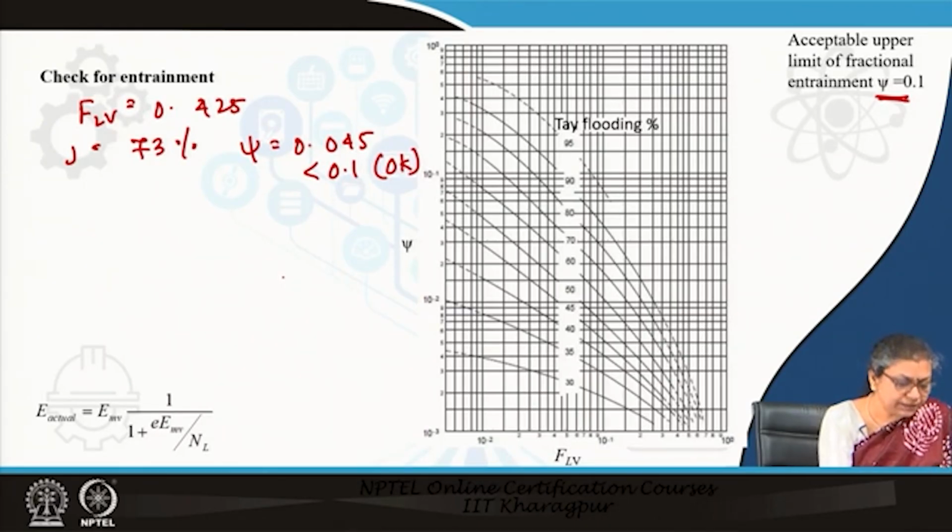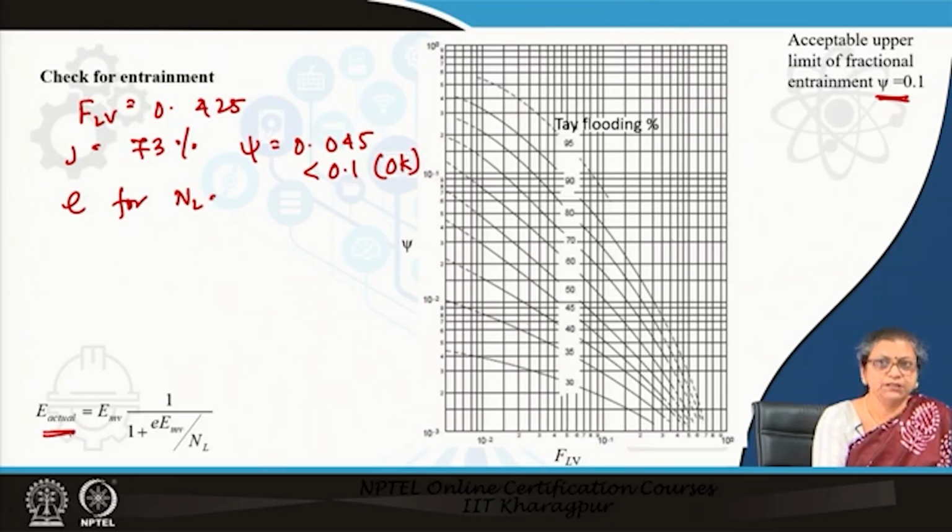Just as additional information, we would like to find out what is the total amount entrained, that means the total amount entrained for say NL equals the moles of the liquid. Roughly you can find out the total amount entrained, and then you can find out by how much the Murphy tray efficiency has been influenced.